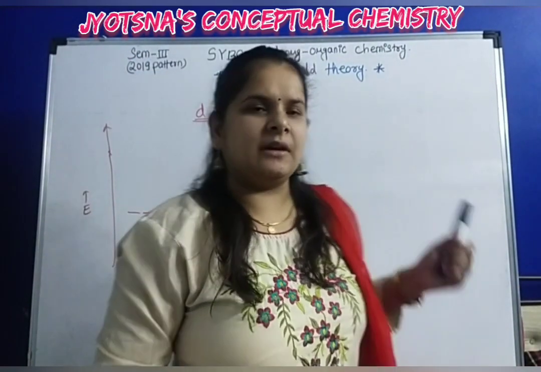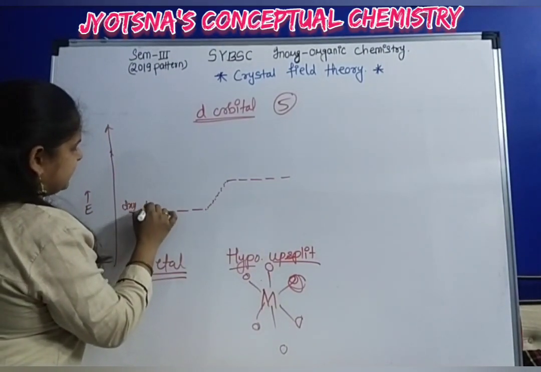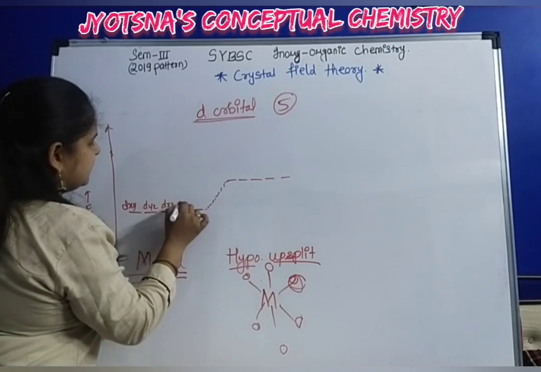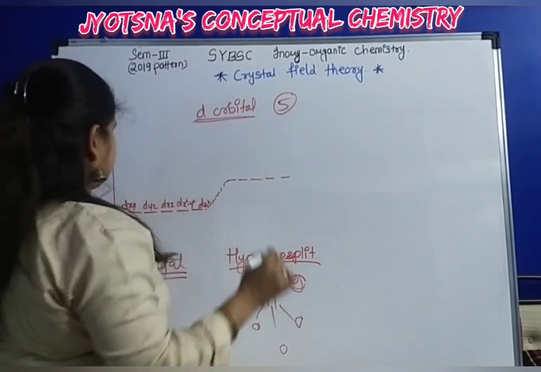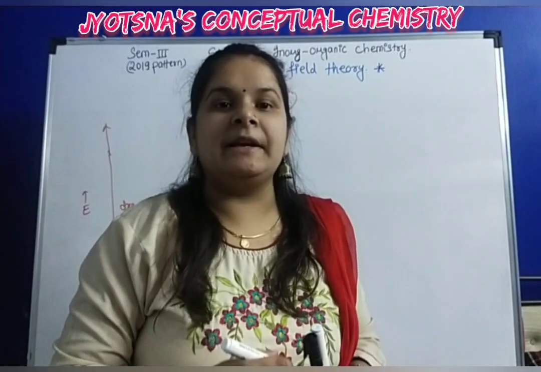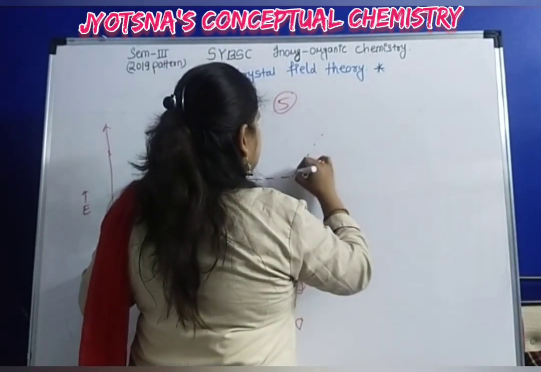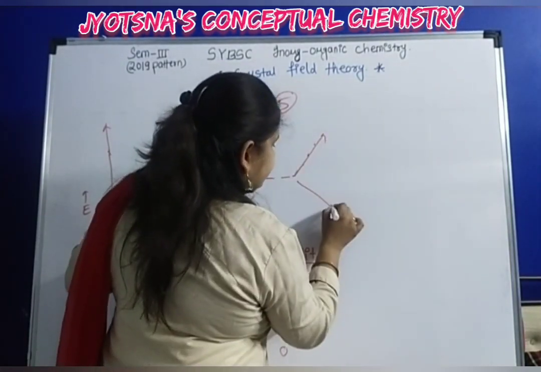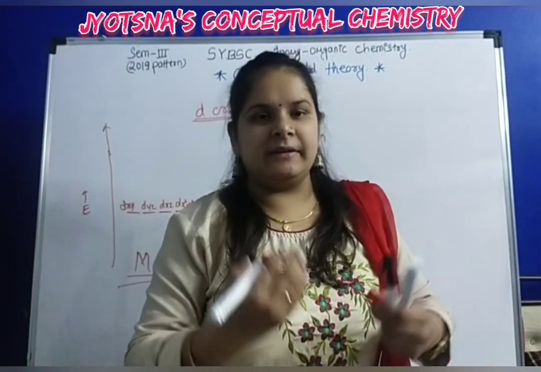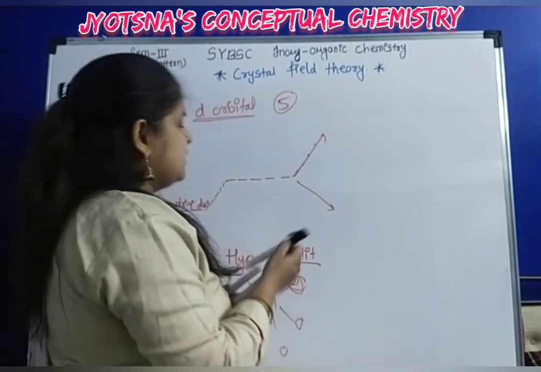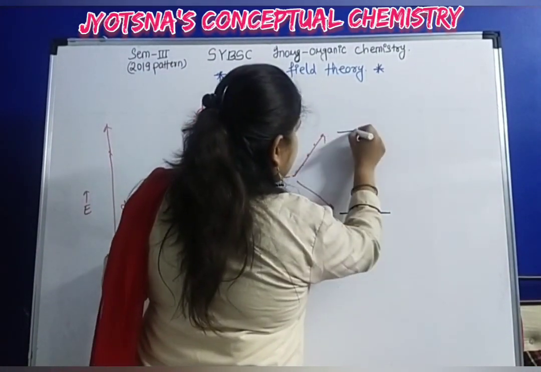Can you name these 5 orbitals? They are dxy, dyz, dxz, dx square minus y square, and dz square. These 5 orbitals will split into 2 sets: one with higher energy and another with lower energy, 3 and 2.